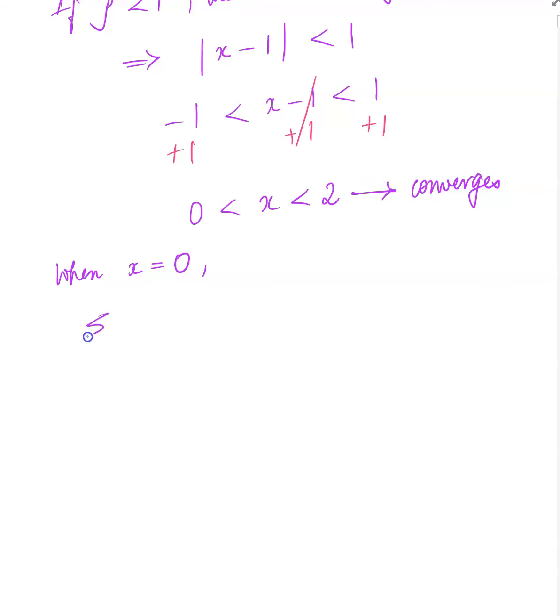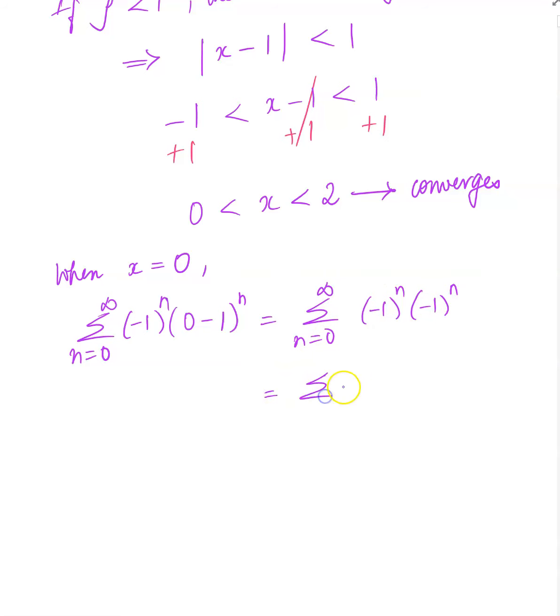When x equals 0, summation n 0 to infinity, negative 1 power n times x minus 1. So x is 0, so 0 minus 1 power n actually comes out to be negative 1 power n, and negative 1 power n. So same thing twice. So we have n plus n, which is 2n. Negative 1 power 2n. Add the powers, right?